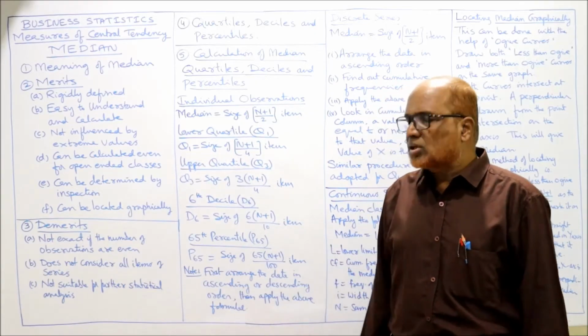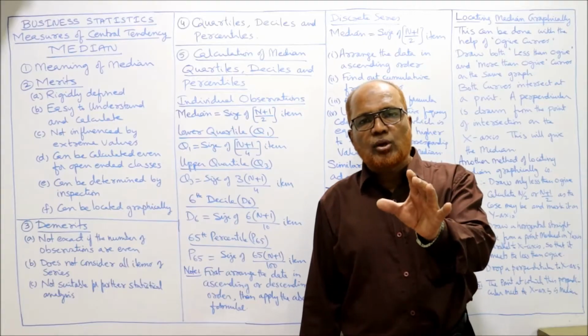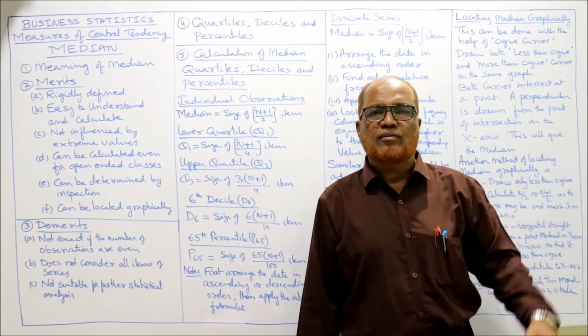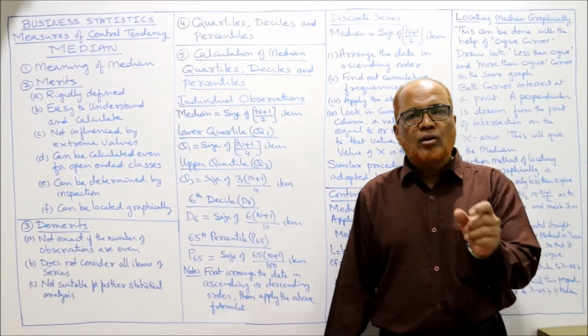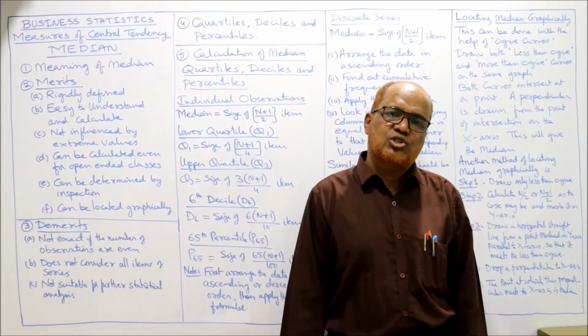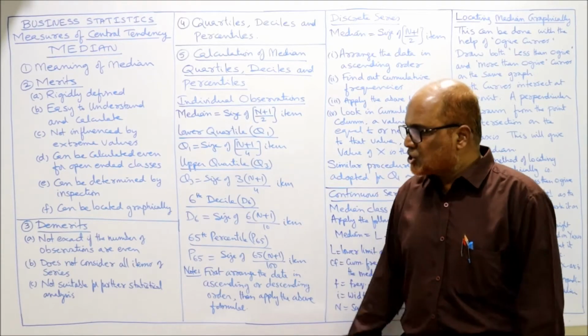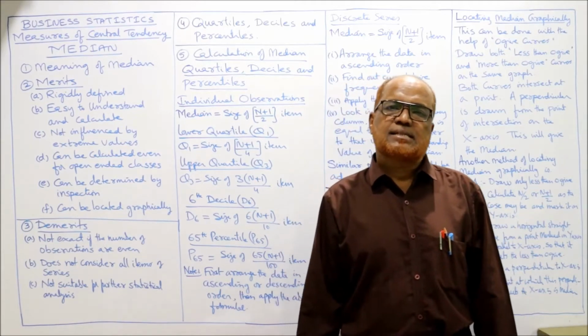Next one, it does not consider all the items. Arithmetic mean will take into consideration all the items of the data, of the series. But in median, we are taking only the central value and we are ignoring all other values of the distribution. That is the disadvantage. Last one, not suitable for further statistical analysis.